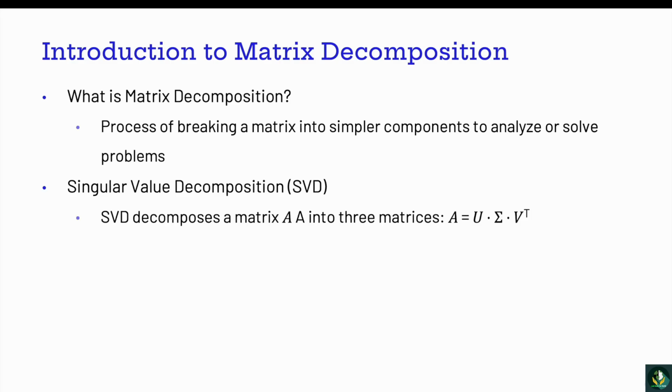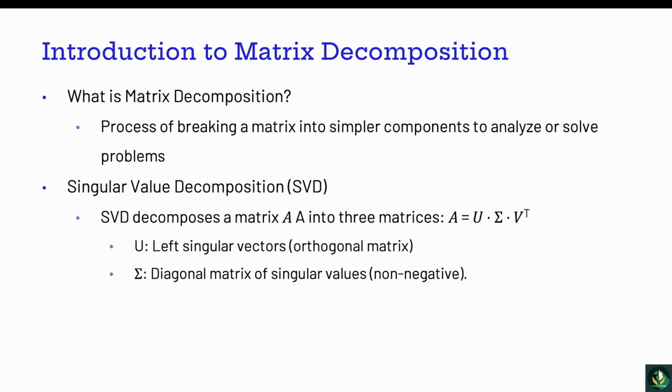SVD decomposes a matrix A into three matrices. We get A equal to U times sigma times V raised to T, where U is the left singular vectors or orthogonal matrix, sigma is a diagonal matrix of singular values, which are non-negative, and V raised to T is the right singular vectors or orthogonal matrix.